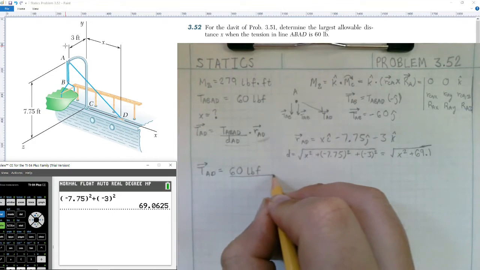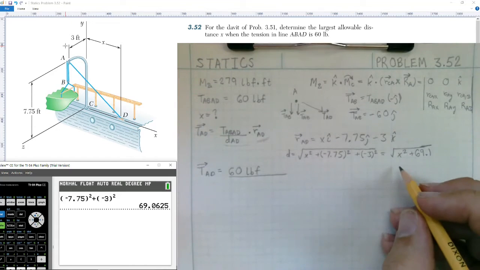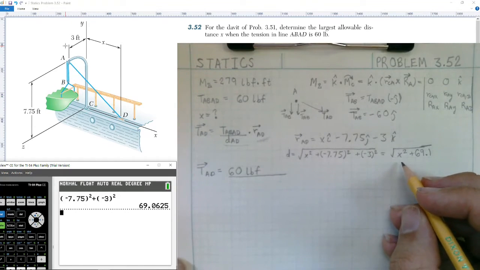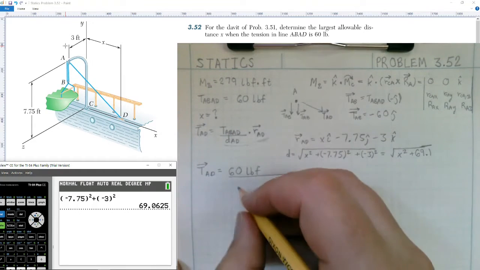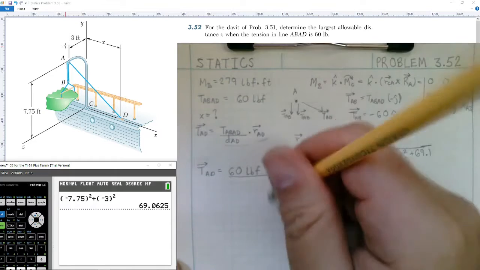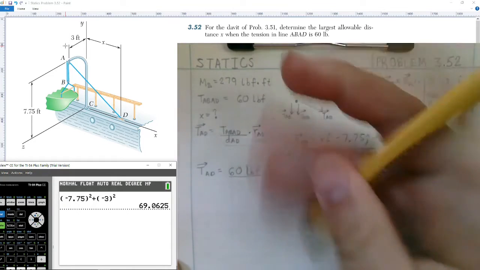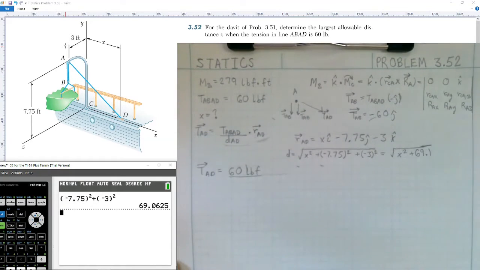We have our formula down here, our equation for our distance: the square root of x squared plus 69.1. We'll go ahead and write this one time, and remember it's distributed out.